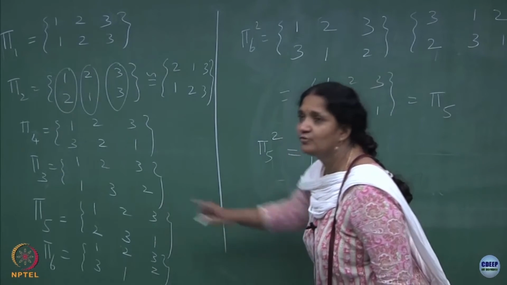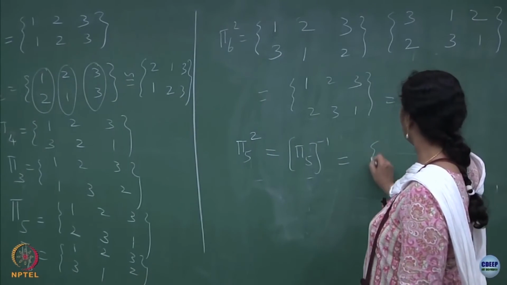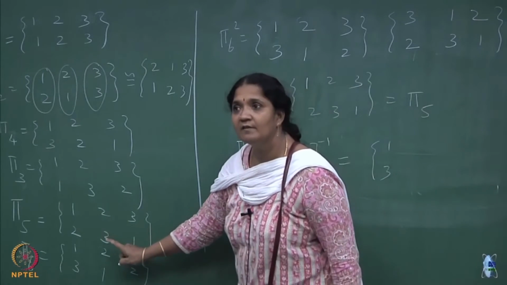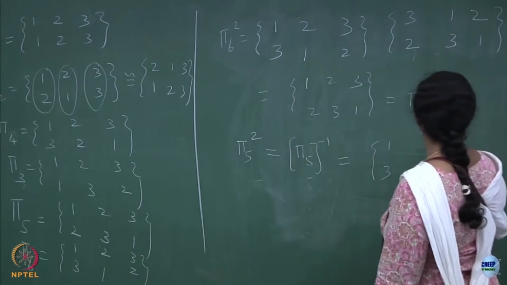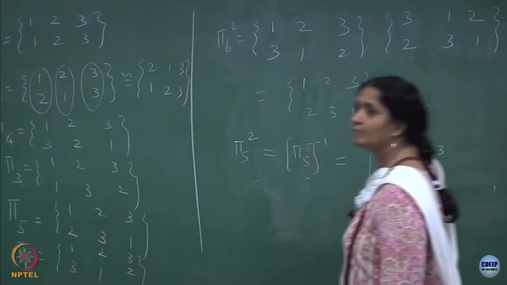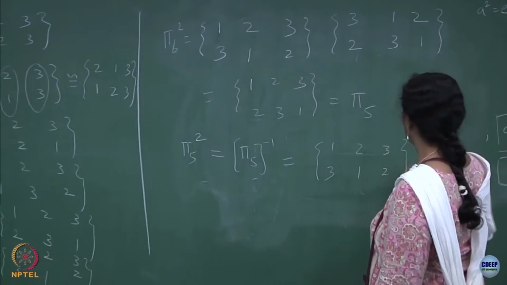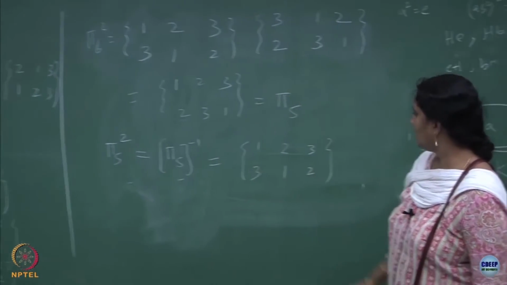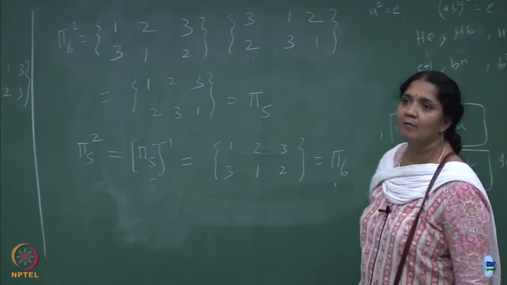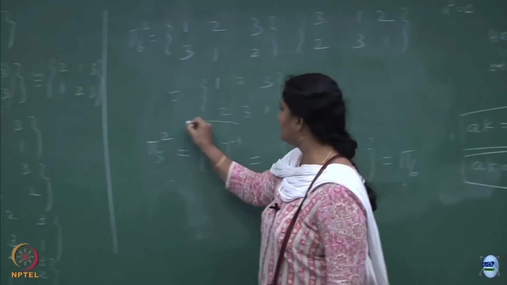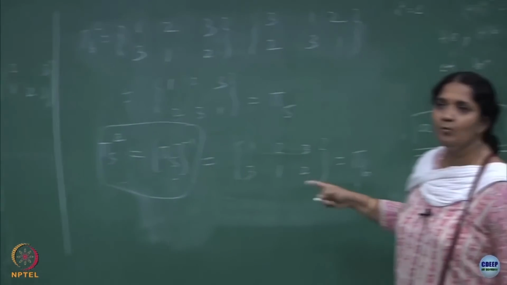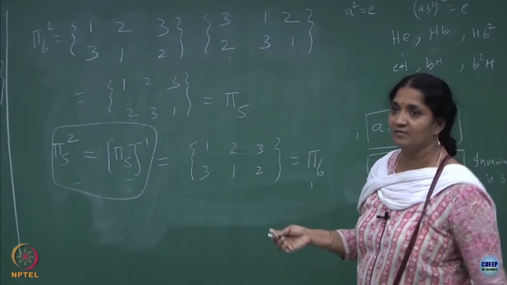So, 1 goes to 3, reverse, 3 goes to 2, and 2 goes to 1. So, this will be my inverse, and what is that element? I have not checked this, but please check it, but I am writing what will be the inverse. Whenever you want to look at the inverse, you do the reverse process.